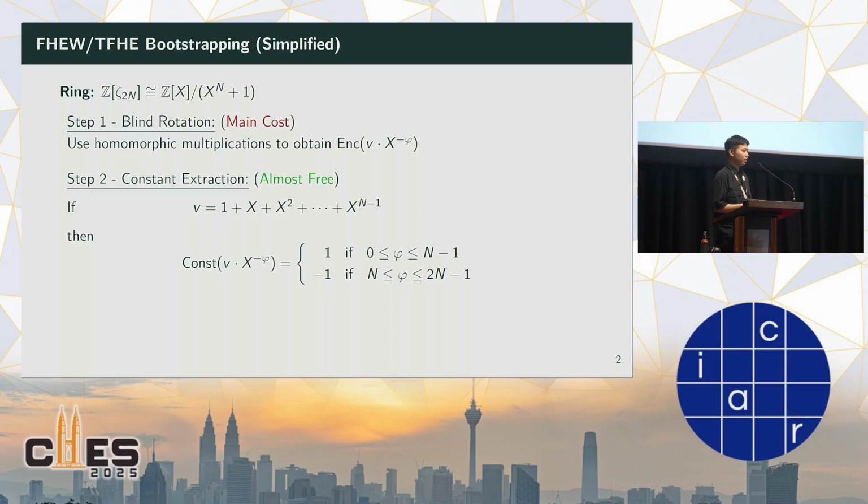If the test vector is a polynomial with all the coefficients being 1, then the constant term of this will be either 1 or -1, depending on the most significant bit of the encoded message phi. So if we do a simple mapping, the constant extraction would actually output the encryption of the MSB of phi.